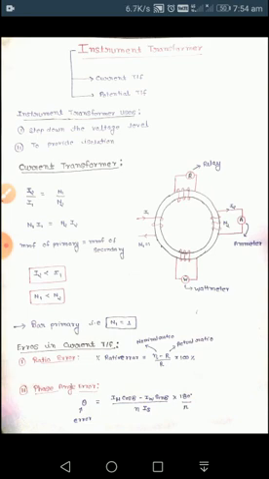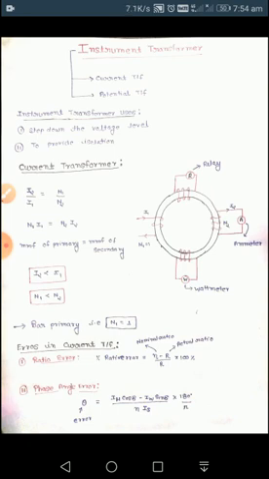In second we connected an ammeter and in last we connected a wattmeter. Here N1 and N2 represent the primary and secondary turns respectively. Here we can conclude that I2 by I1 is equal to N1 by N2.